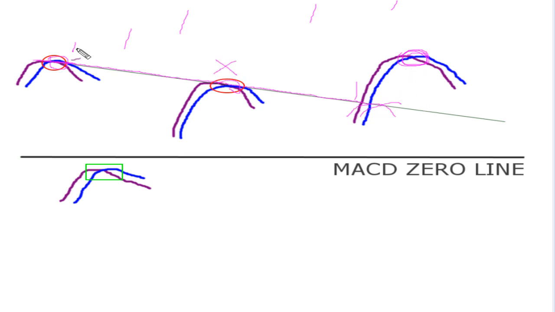These ones were not reliable crossovers. This one is a reliable crossover and is probably a better sell signal if you use other indicators in conjunction with this. So we are going to go to the live example so I can show you what I'm talking about.